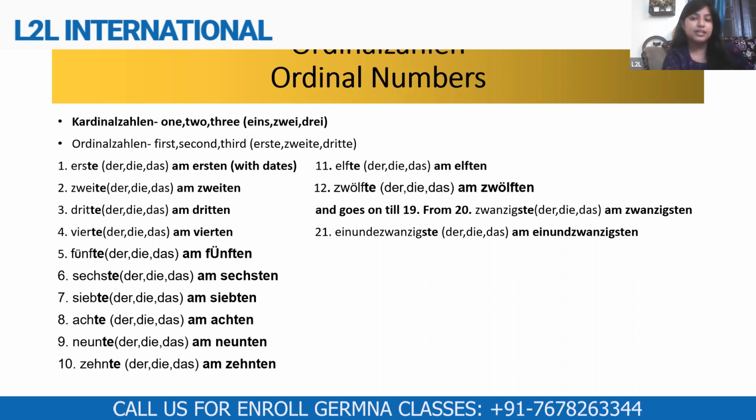It is not siebenter. 7 is called sieben, but when we write the ordinal Zahlen, we write it as siebter. Achter, neunter, zehnter. Elfter, zwölfter. And the same list will go till 19th.